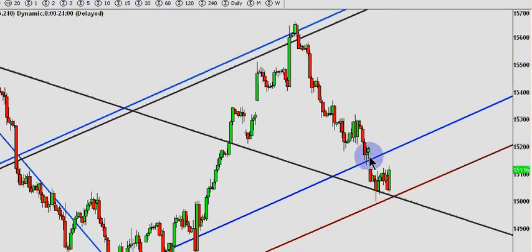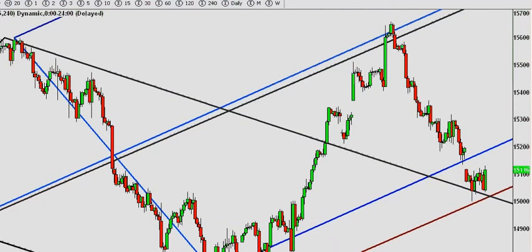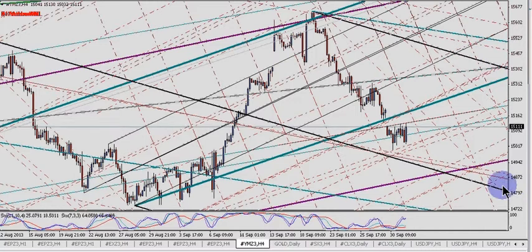You could have been, I guess, greedy enough to think that was going to be a new low pivot, but of course we've gapped through. Now we've retouched here, and this bar is very interesting.